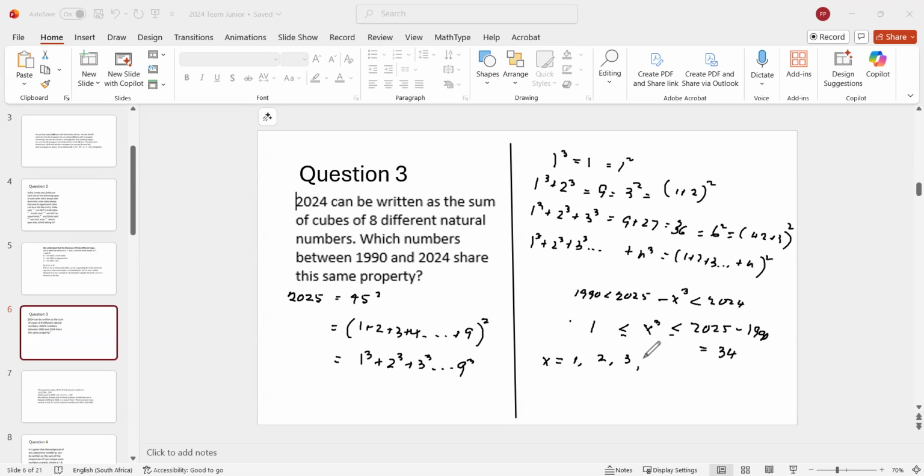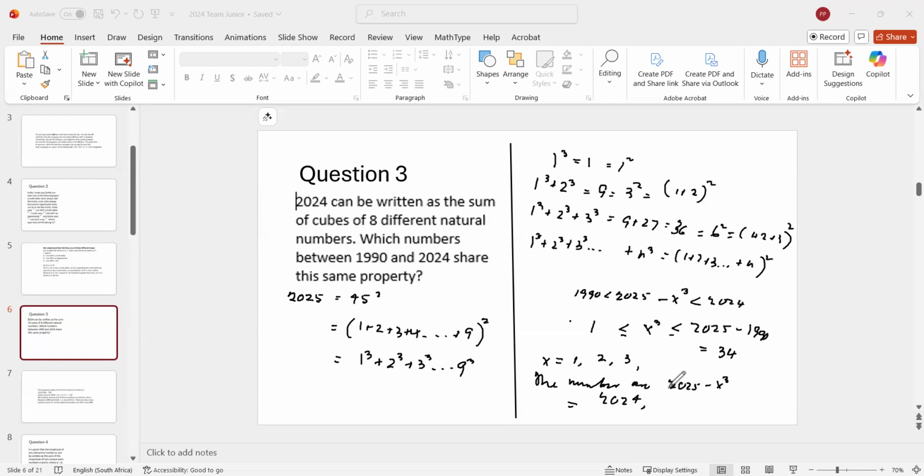And you want to know which numbers satisfy this property. So you have to take out the numbers. It's 2025 minus x cubed. When x is 1, you've got 2025 minus 1.